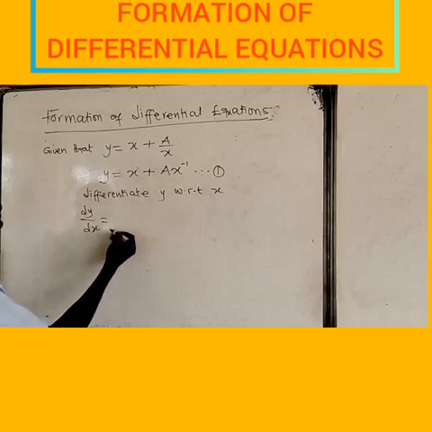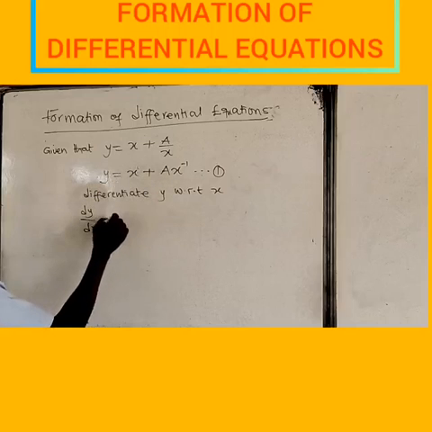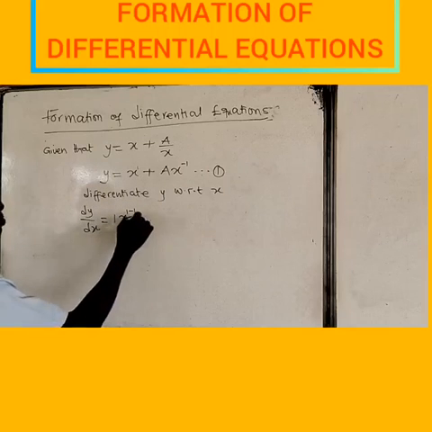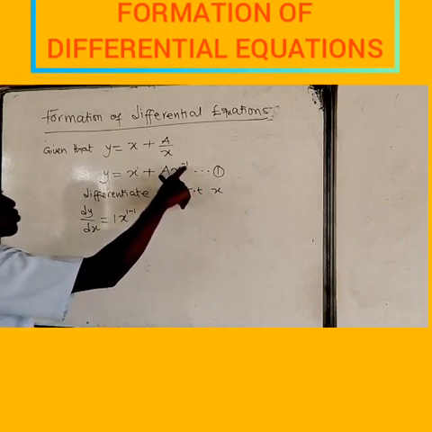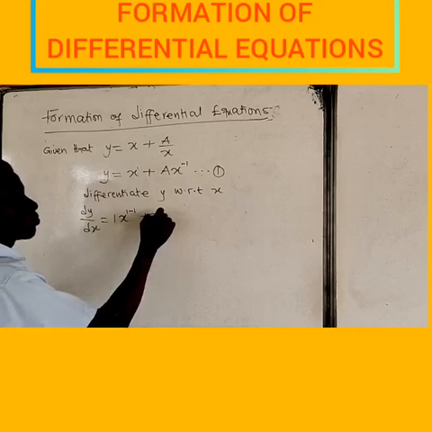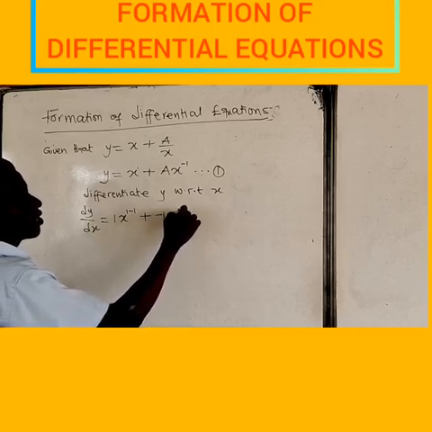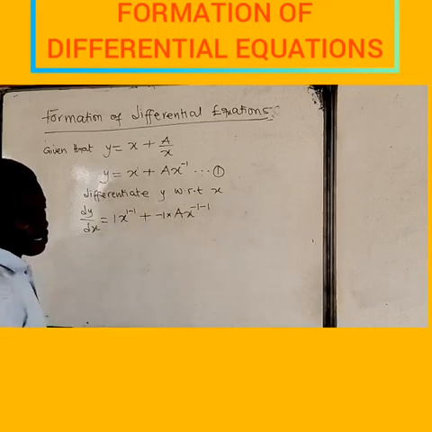So if you differentiate, it means 1 will multiply the whole term. So it will be 1 times x, then subtract 1 from the power, so you get 1 minus 1, plus, then with this we also have to use the -1 to multiply the term again. So -1 times a x with the power -1, after which we subtract 1 from it.